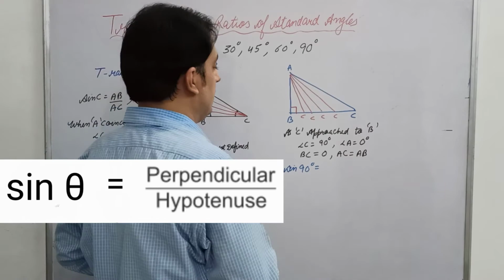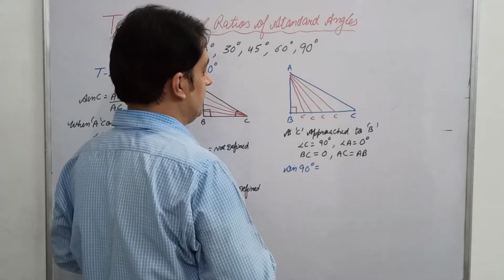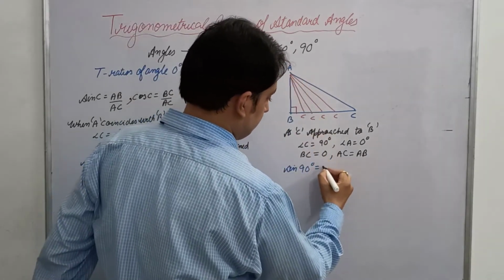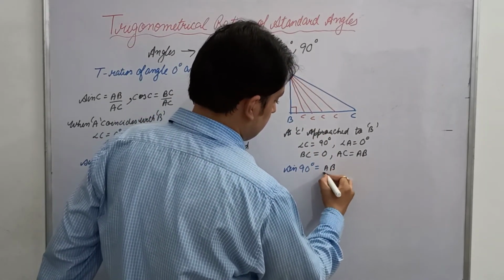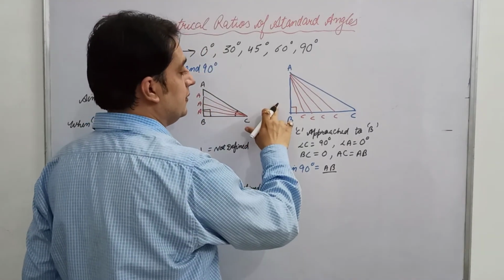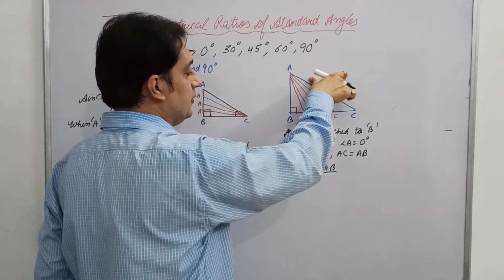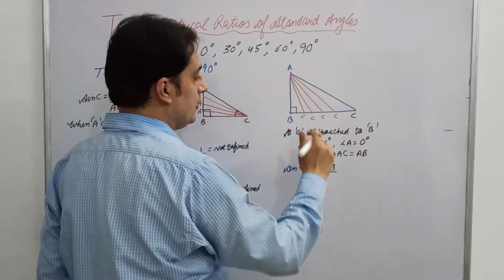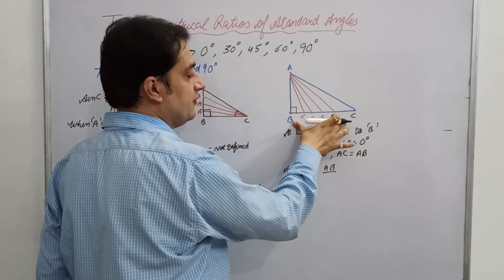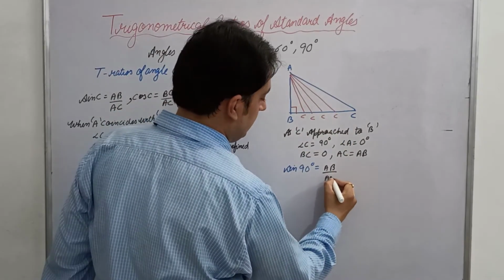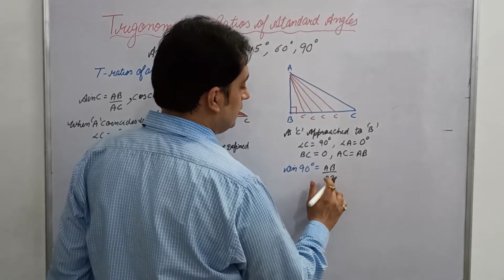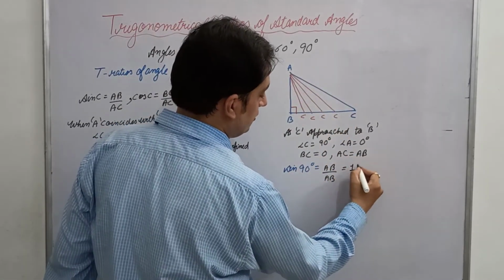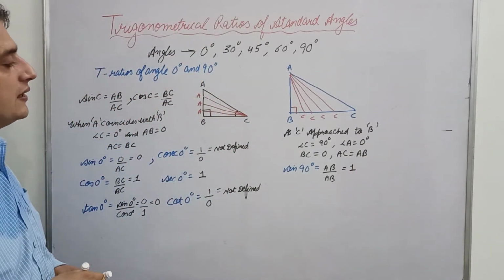The perpendicular is AB. And the hypotenuse, when C approaches B, is also equal to the perpendicular because this length vanishes. So AB upon AB, because AC is equal to AB. So the value of sine 90 degree is 1. Right.